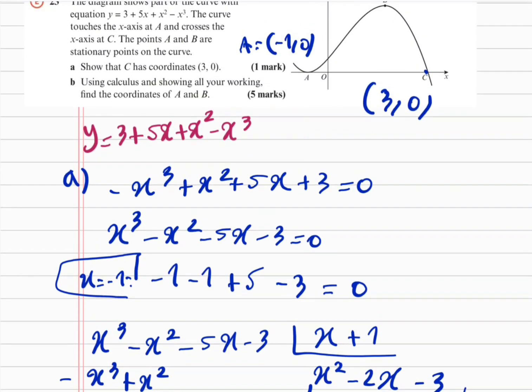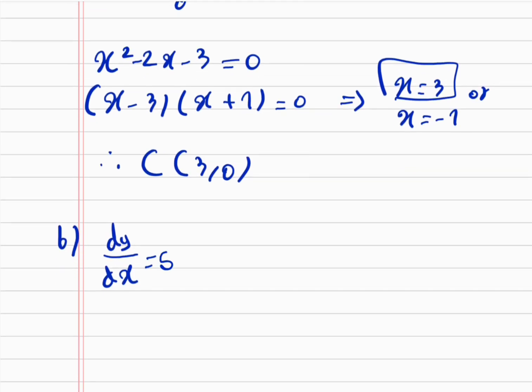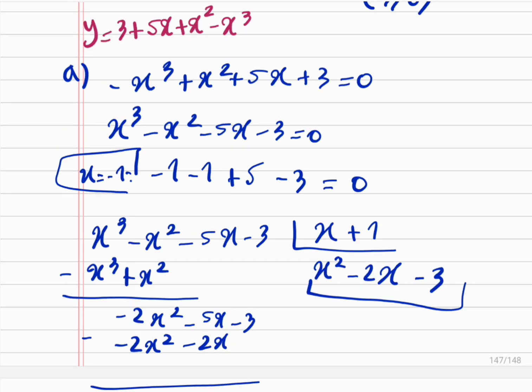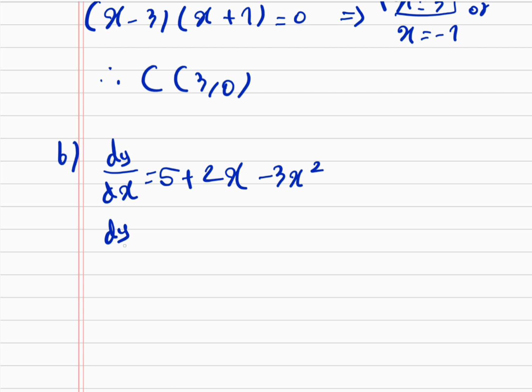So dy by dx is equal to 5 plus 2x minus 3x squared. Now we set this equal to 0. So we have minus 3x squared plus 2x plus 5 is equal to 0.